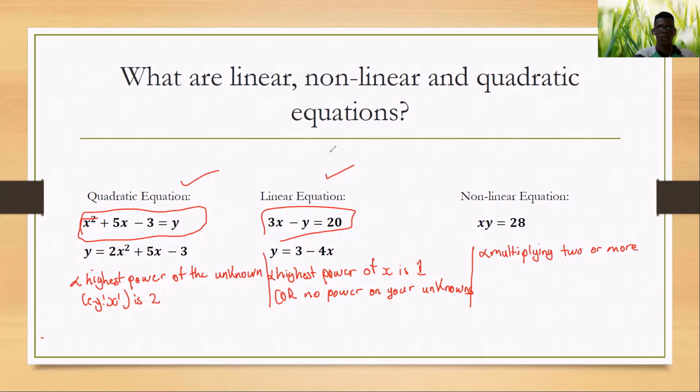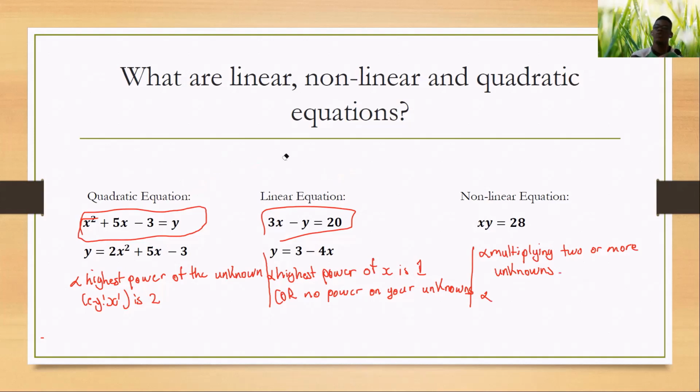Okay? If you ever see that you're multiplying the unknowns, then it's nonlinear. Or the other point you can make is that if it's not linear or not quadratic, then it's nonlinear, of course. Okay. Good.